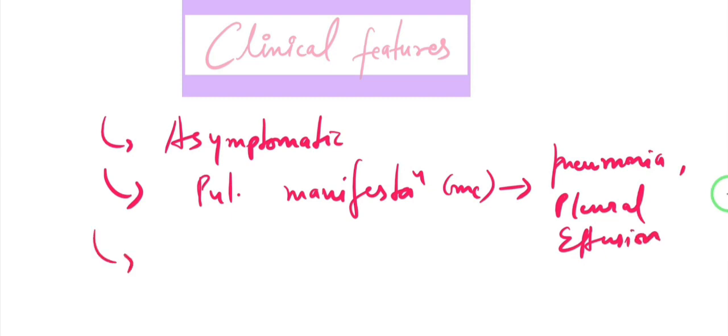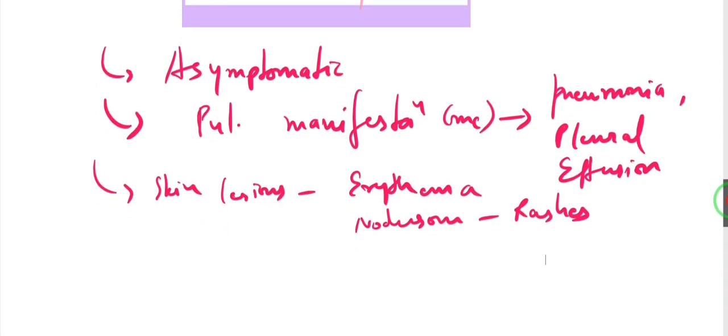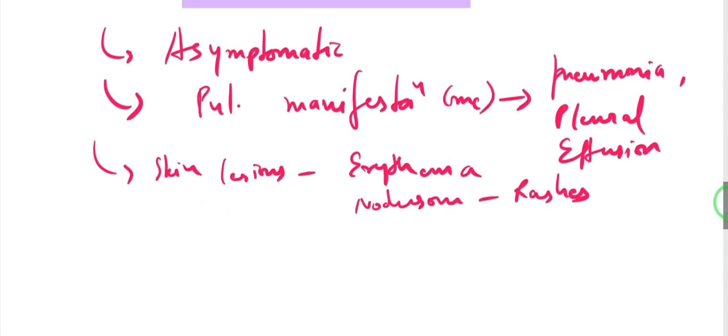And there are skin lesions as well, like erythema nodosum, and some kind of rashes as well, right? So you are going to see pulmonary manifestations like pneumonia, pleural effusion, and skin lesions like erythema nodosum, and you are also going to see arthritis in some cases.